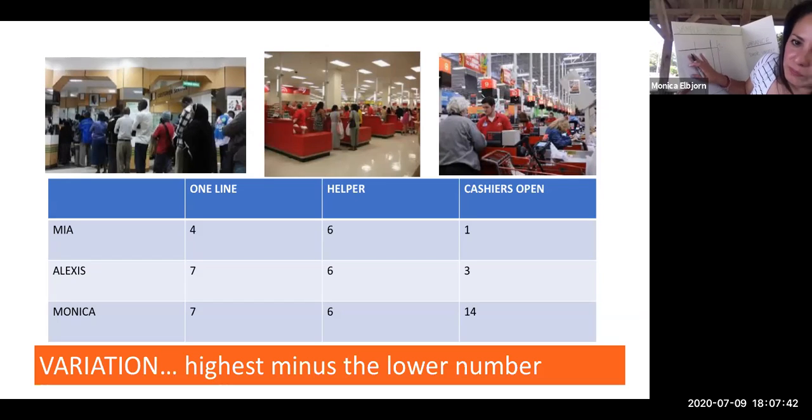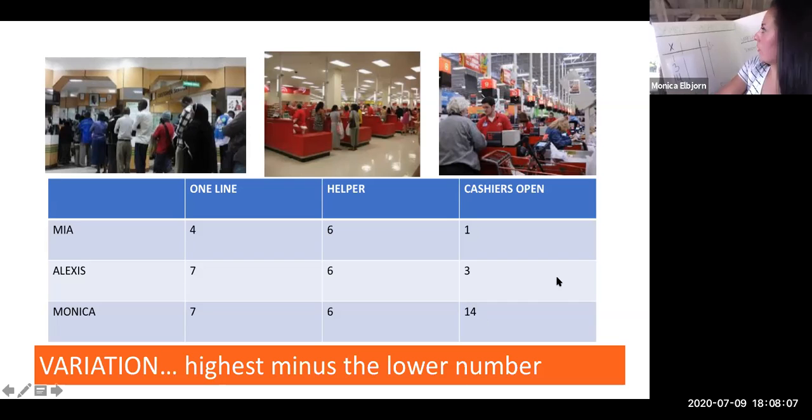So here, this will be our X, our data point, because we're getting data points. And we have 3 data points: 1, 3, and 14. This is going to be our sample standard deviation, because we are not counting everyone that went into the store. We're just counting 3 persons.